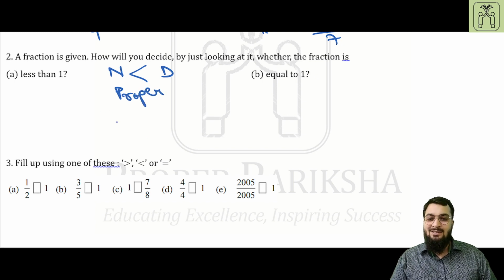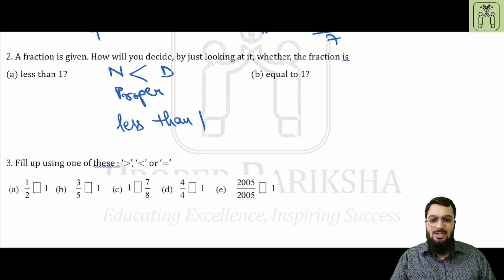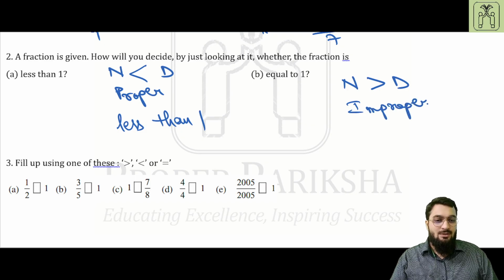Similarly, it is less than 1, because the total number of parts taken in the numerator are from the denominator and not more than that. If the numerator is greater than the denominator, that is improper fractions, then it will be greater than 1.